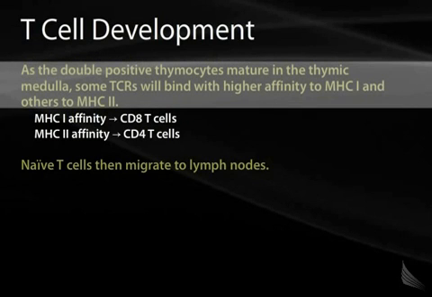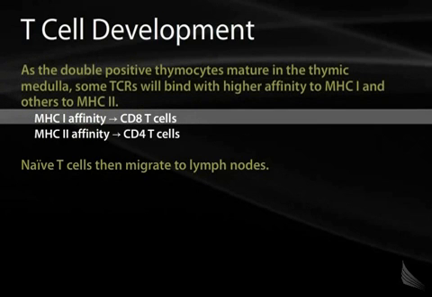So as the double positive thymocytes, remember at this point they're still expressing CD4 and CD8. As they mature in the medulla and are undergoing this positive and negative selection, some TCRs will bind with higher affinity to MHC1 and others to MHC2. Those that bind with higher affinity to MHC class 1 will mature into CD8 T cells.